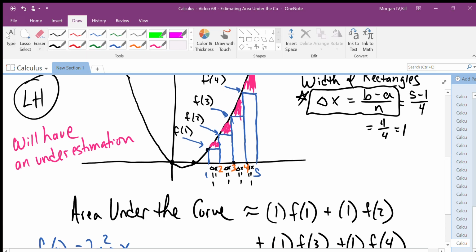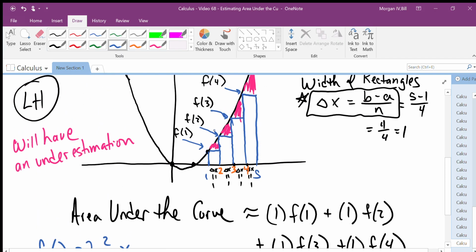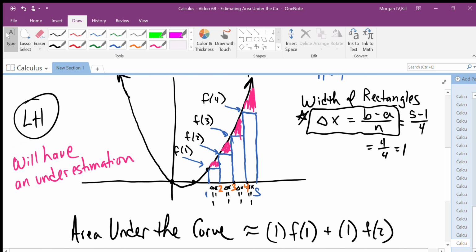F of 2, that's 2 times 2 squared minus 2. 4, 8 minus 2 is 6. Okay, not to scale here, but f of 2, that's a height of 6. And f of 3, 2 times 3 squared minus 3, 9, 18 minus 3 is 15. So at f of 3, we get a height of 15.